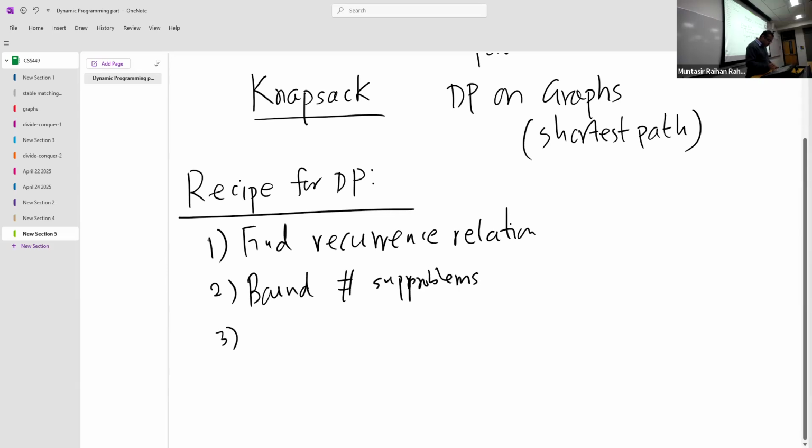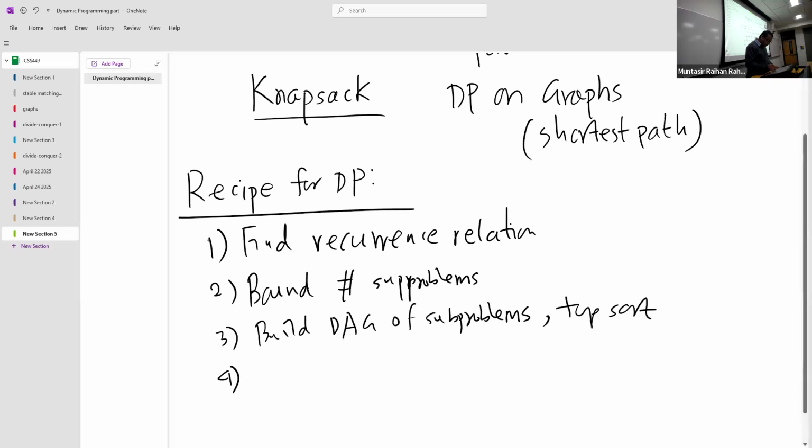Build the DAG of subproblems, do topological sort, and solve in the top sort order. That's the recipe, and that holds for all problems that we look at.